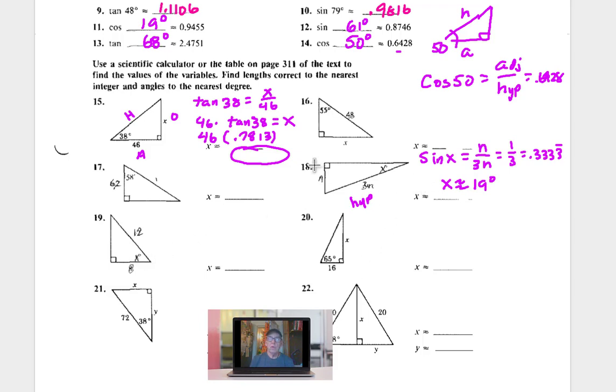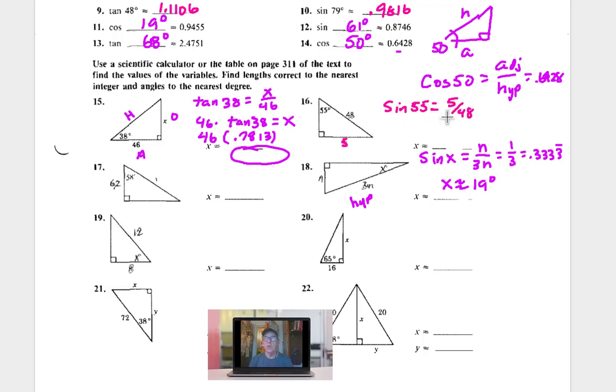Let's look at number 16. If we set 16 up, we've got the reference angle, this is opposite, this is adjacent, I'm taking this as a 5. So we've got opposite and hypotenuse, that's going to be sine. Sine 55 equals 5 over 48.